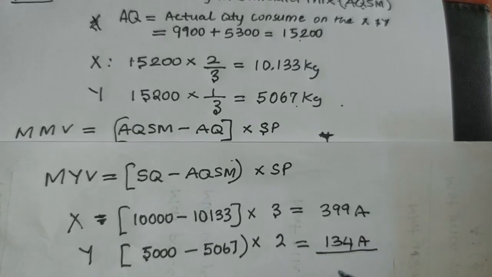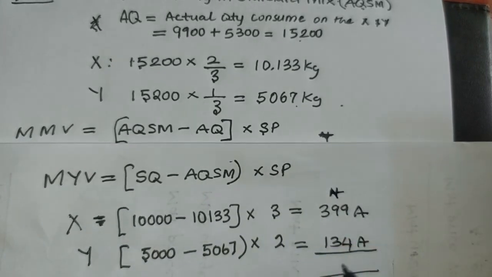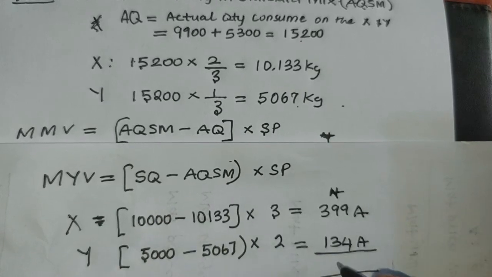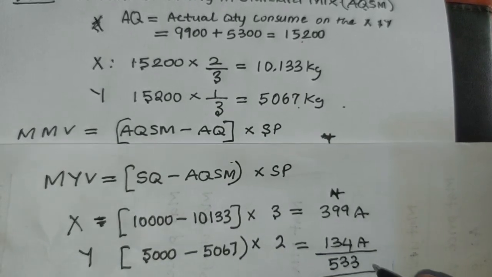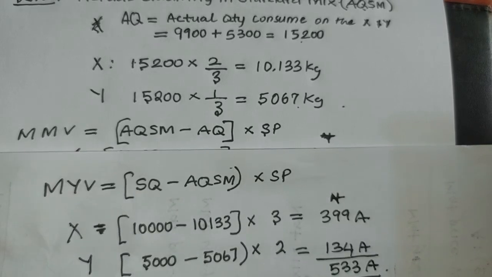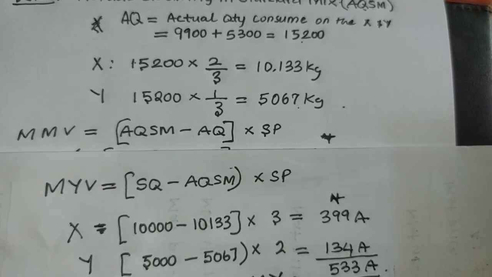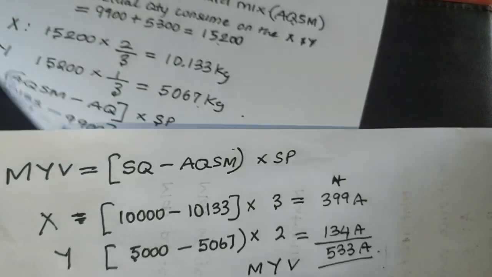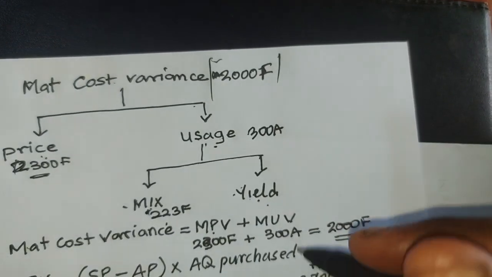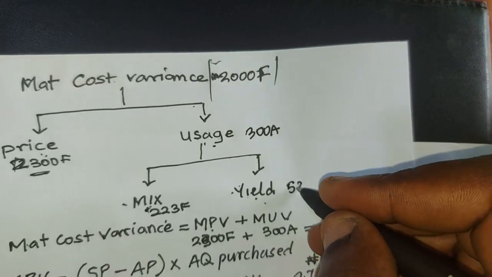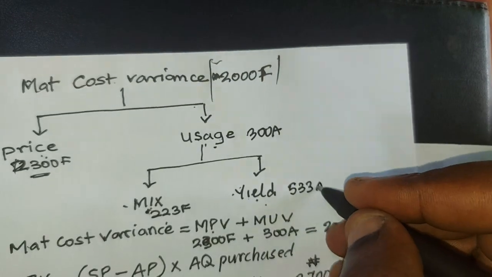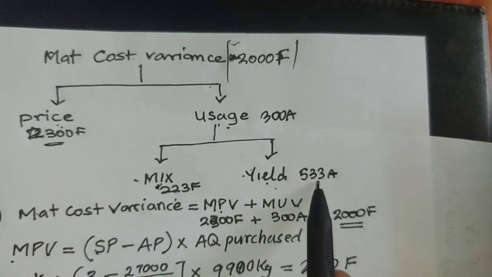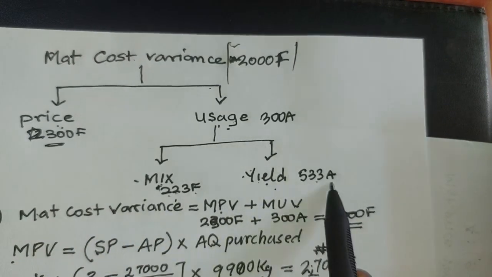So when you manipulate this out, we have 533, both adverse. So this is our material yield variance. Then from the diagram above, this will give us 533 adverse.